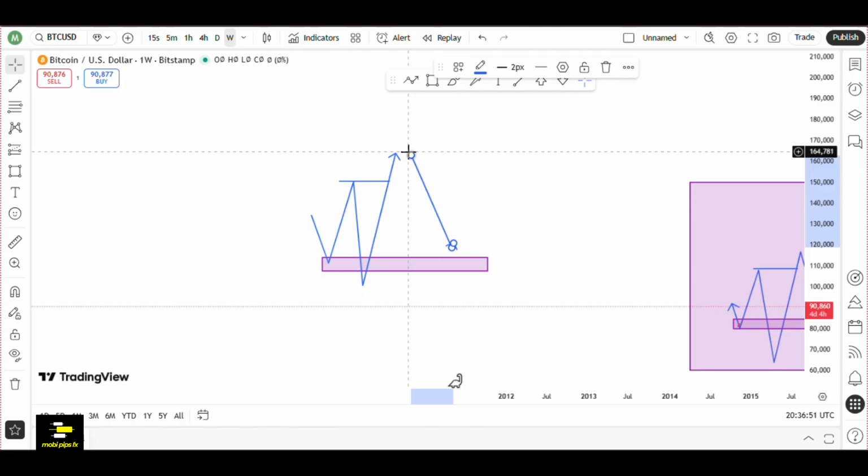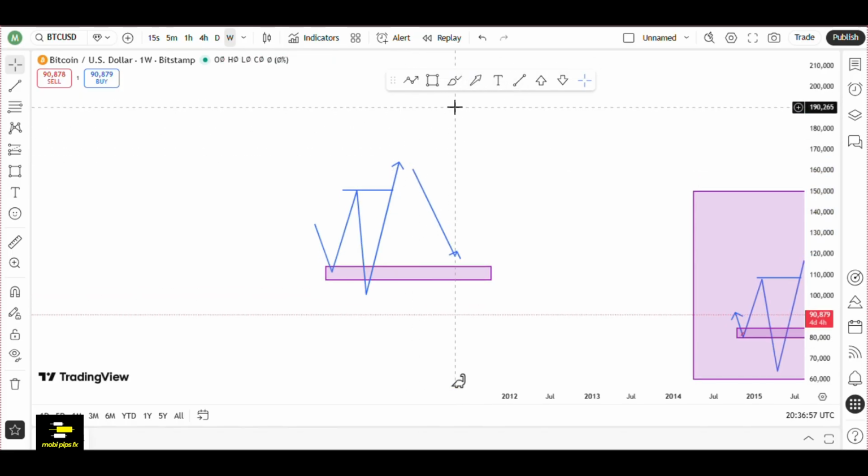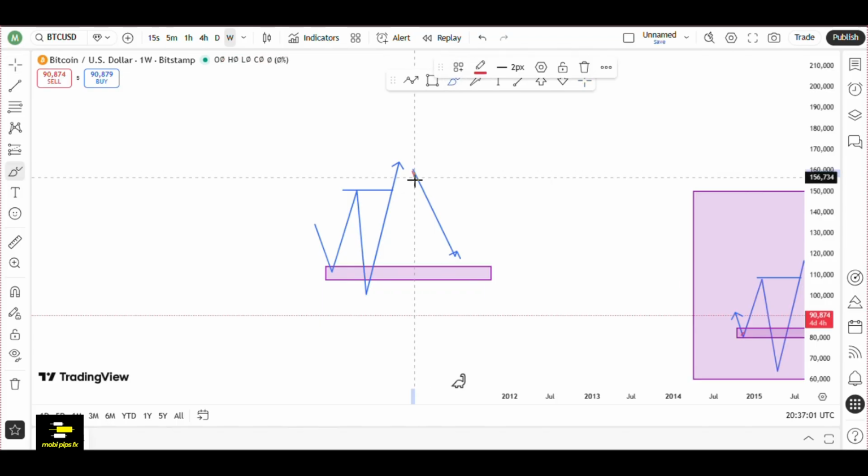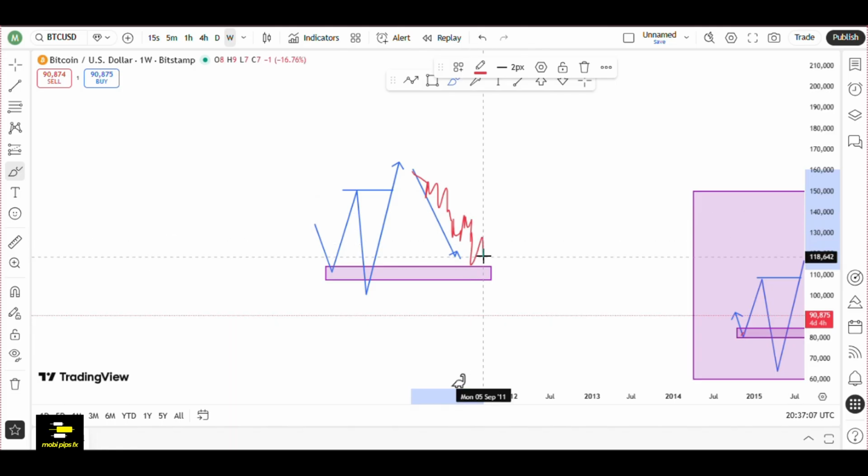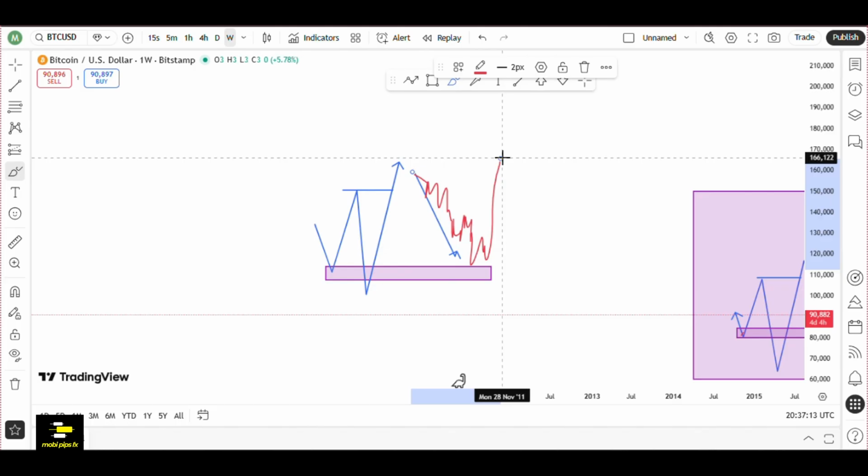That is where our correction is. In the correction, you see minor structures, substructures form. Meaning, if you go to the lower time frame, you could get different setups to sell down. So there are substructures here before the minor structure, the actual move that we are looking out for.